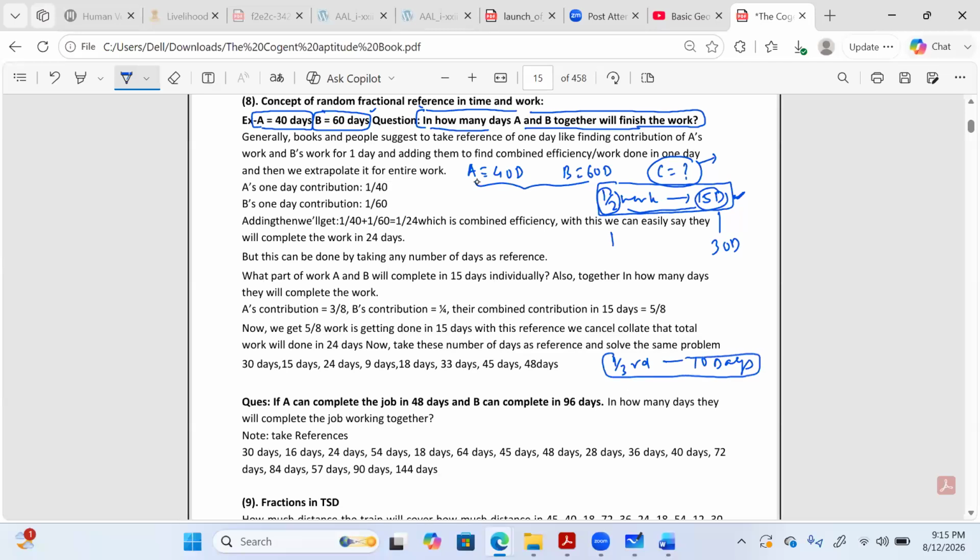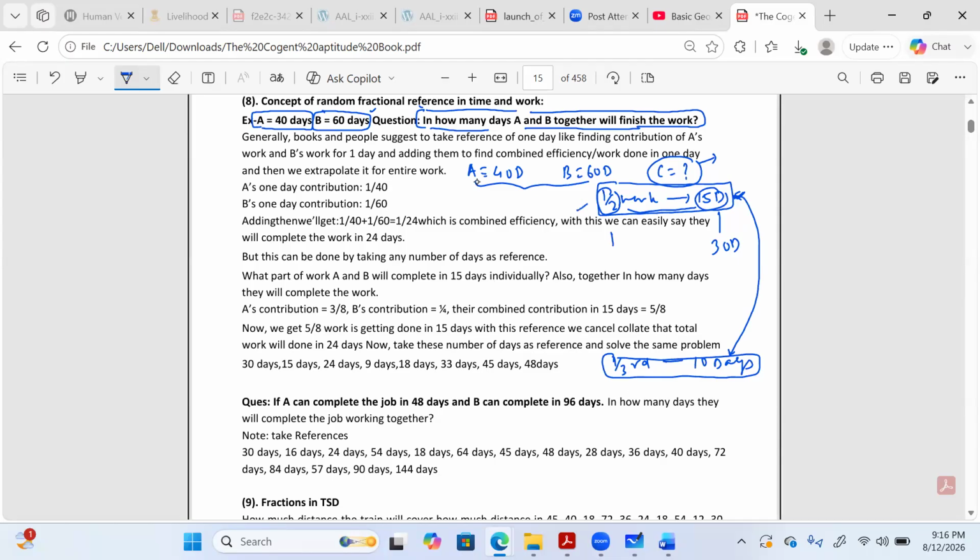So the reference that you are looking for is not the speed of C only. It can be the amount of work done in whatever amount of time. है ना? So this is the concept which I'm trying to pitch, that to know in how much time someone or a group will be able to finish the job, it is not mandatory to know how much work they are completing in 1 day, है ना?